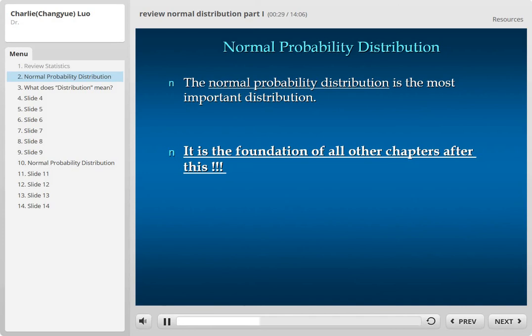Meaning that if we are not familiar with normal distribution, we will have a lot of difficulties when we learn, for example, chapter 7, 8, 9, 10, all the way down. So please spend as much time as you have on this chapter.